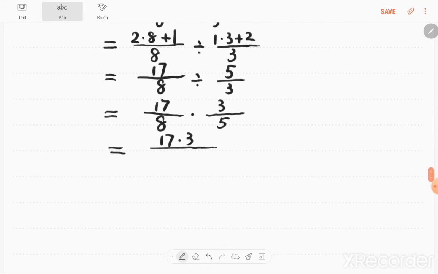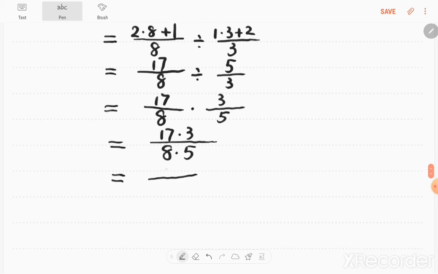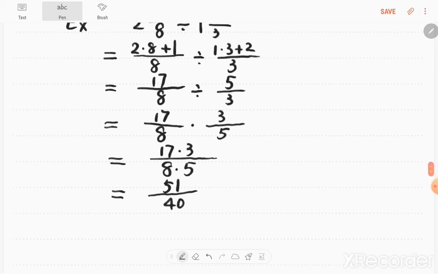The numerator times numerator, denominator times denominator. After that, we will get 51 over 40. So we can just leave the answer like that.